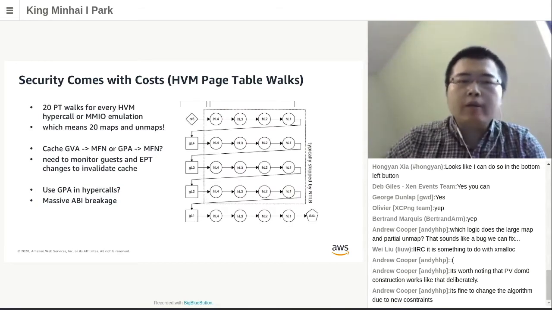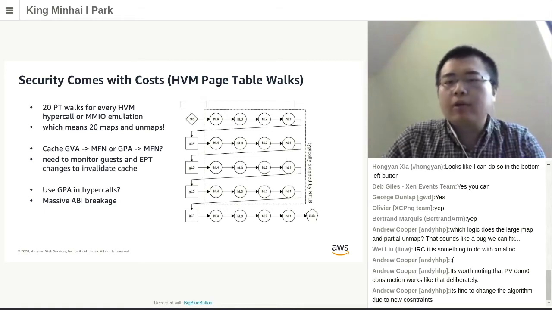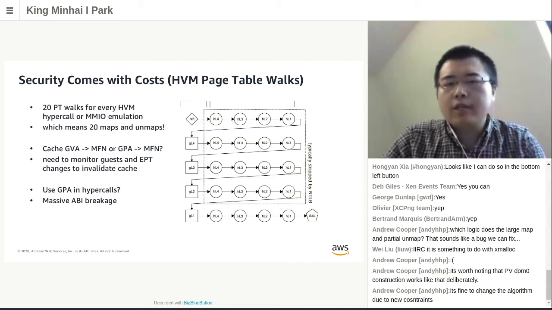OK, so what about the next one? Why do MMIO emulation and HVM hypercall latency increase by so much? Of course, the trouble is page table walks. Whenever you do an MMIO emulation or an HVM hypercall, the arguments are passed using a guest virtual address.